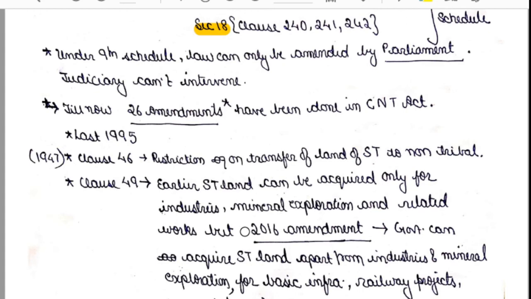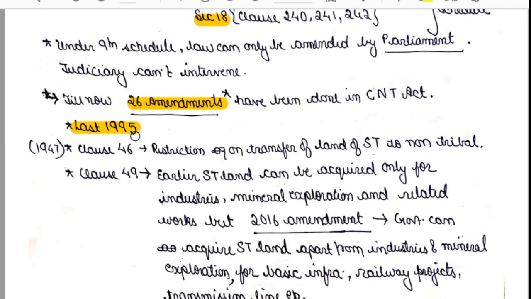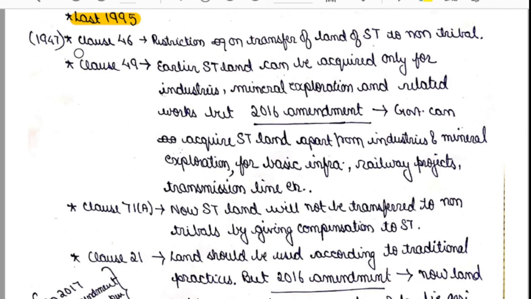Now till now 26 amendments have been done in the CNT Act, and the last amendment was done in the year 1995. And this is also a very important fact, that till now how many amendments have been done in the CNT Act? So till now 26 amendments have been done under the CNT Act, and the last was done in the year 1995.